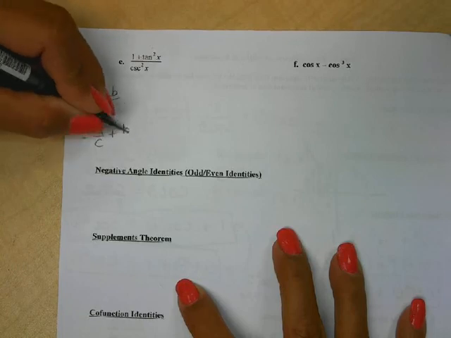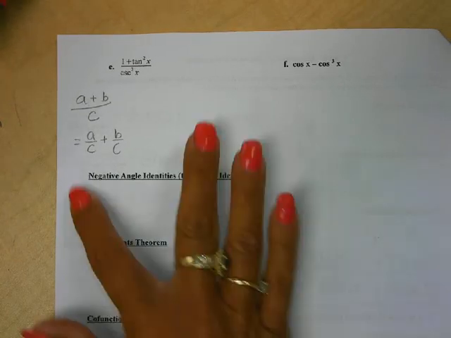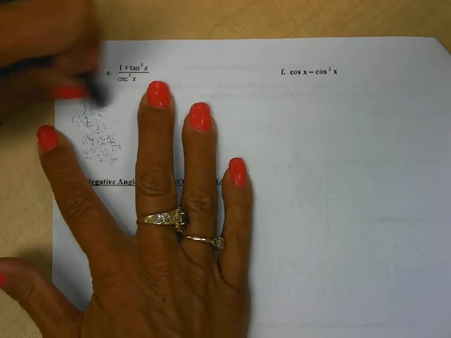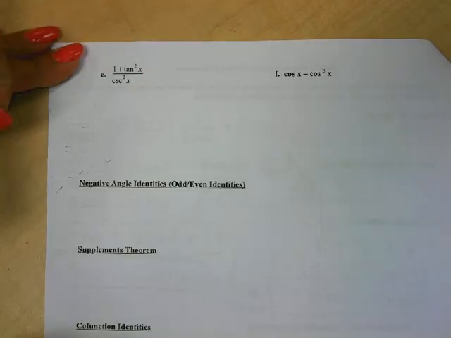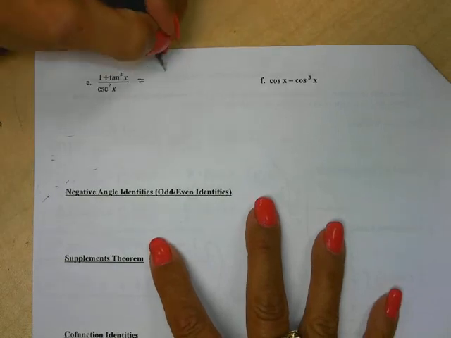Another thing you can do is split this up into two fractions. If you have something like a plus b over c, it is possible to rewrite that as a over c plus b over c. So another move could be to split this up into two fractions and see if I could do some simplifying there.